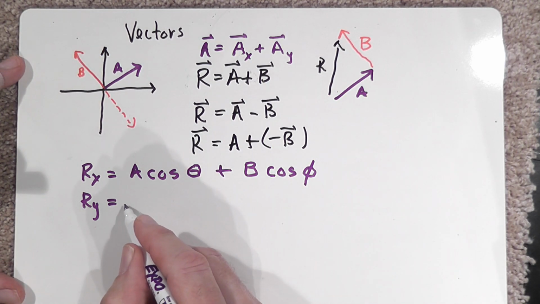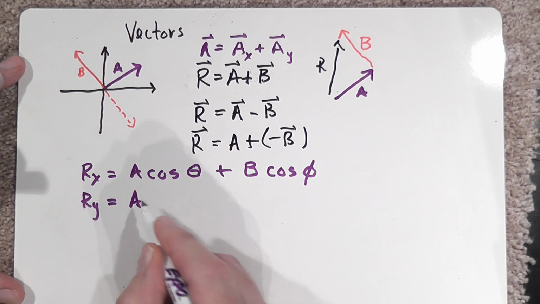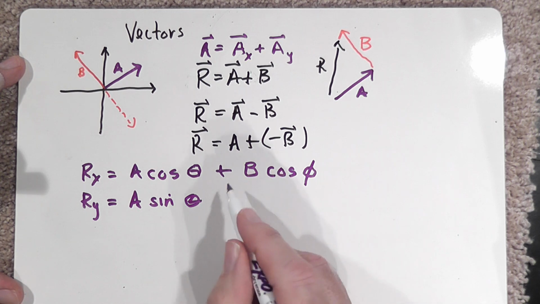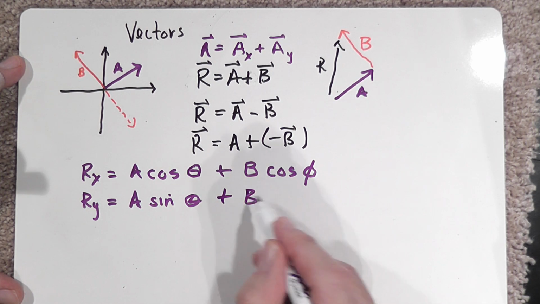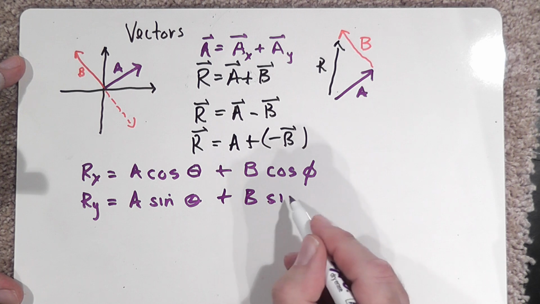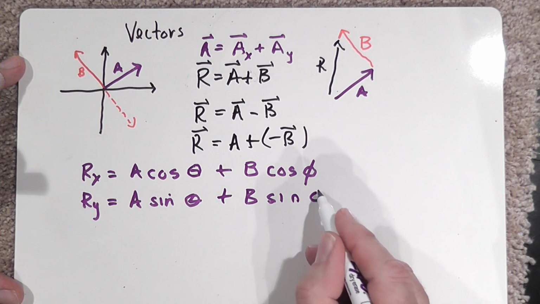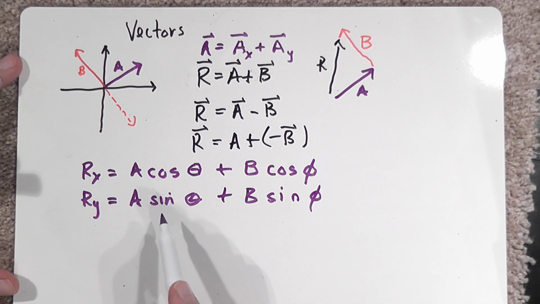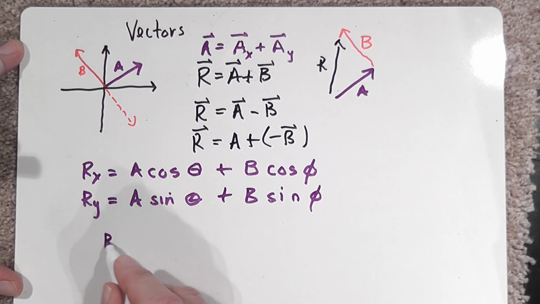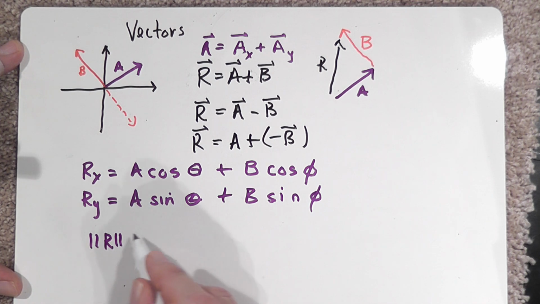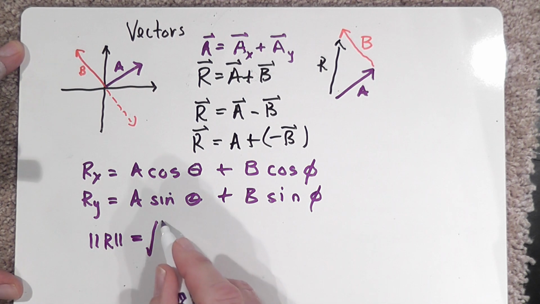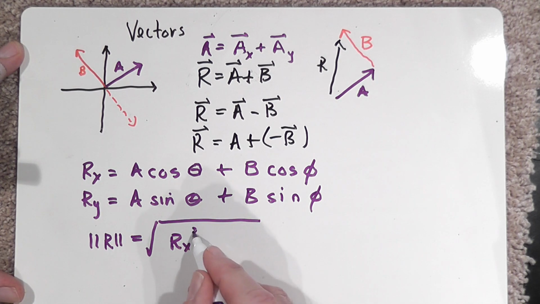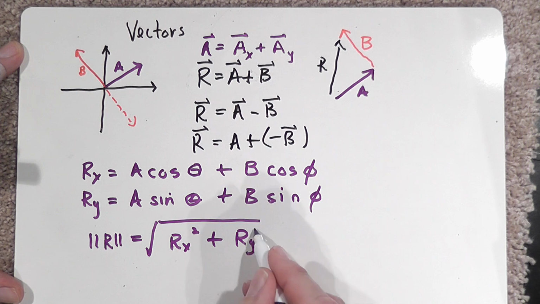And then we do the same for y. We'd have A sine theta plus B sine phi. Once you found this, then you could find the magnitude of the resultant vector by taking the square root of Rx squared plus Ry squared.